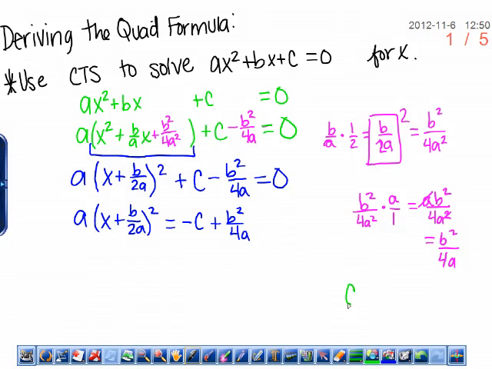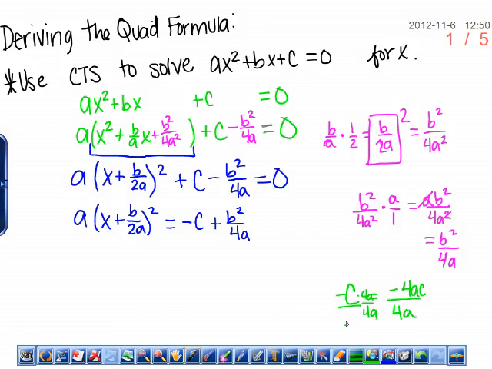What could I multiply negative c by to get something over 4a? I got to multiply by a fancy form of 1. Would you agree that I could multiply by 4a over 4a? That's just like multiplying by 1, right? So I haven't messed anything up. So negative c times 4a is minus 4ac.